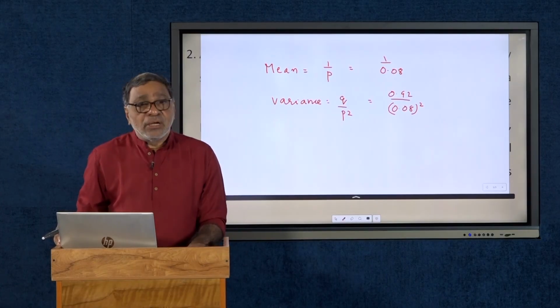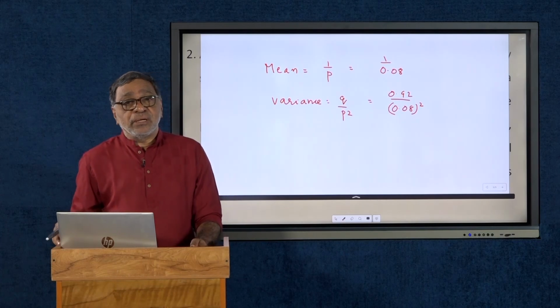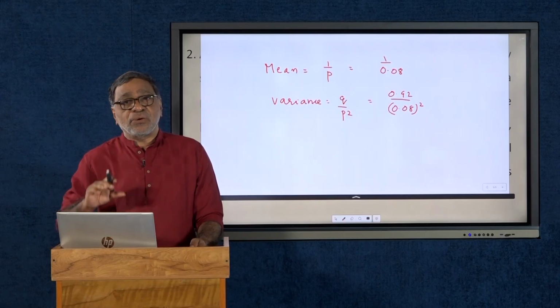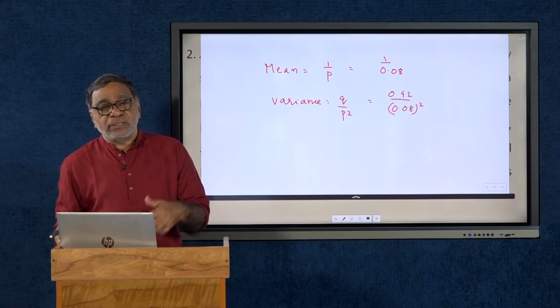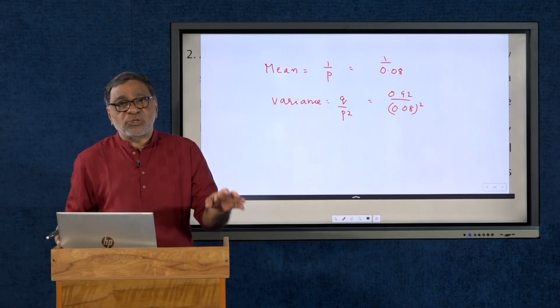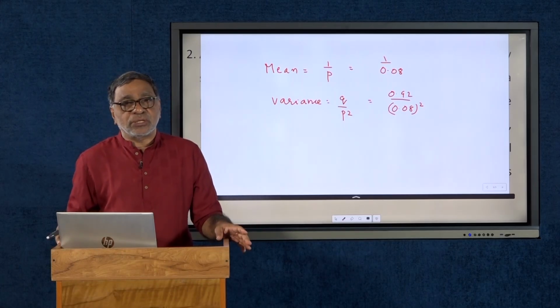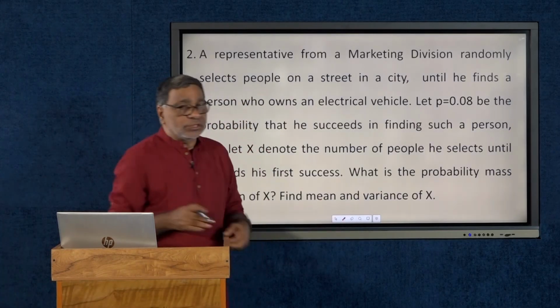So this is an example of identifying a person who owns an electric vehicle, that is our success in this case, and a marketing survey is conducted until a success is obtained. So what is the mean, what is the variance and what is the probability mass function of that particular random variable? That is given by the concept of the geometric distribution.